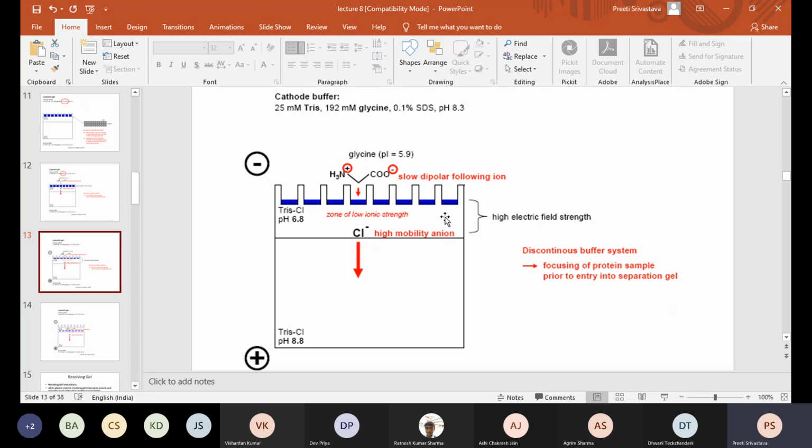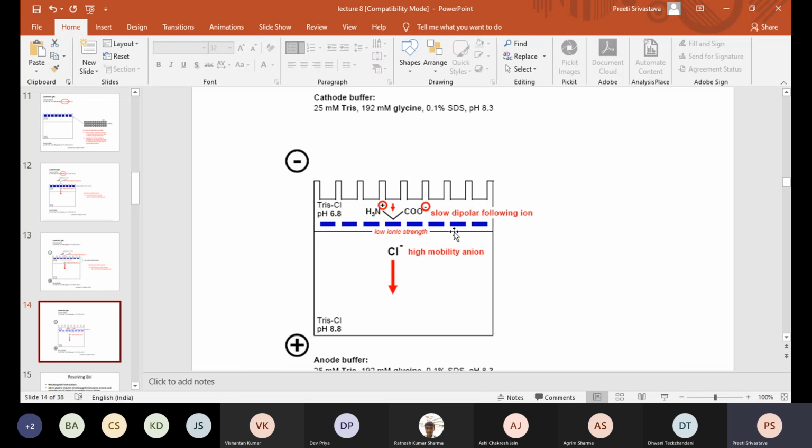A stacking effect is created in the sense that the proteins get trapped between the high mobility chloride ion and the slow mobility glycinate ion, which is shown over here. You see the chloride ion, then the slow dipolar glycinate ion, and then the proteins are stacked. So this is how the stacking effect is created, students.